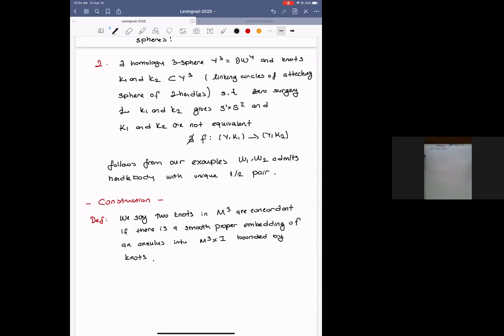So you know what I'm talking about. If you are in some 3-manifold cross I, and you pick a knot on each boundary, so there are two knots, and you can find such a smooth embedding of an annulus between them, then you call them concordant.